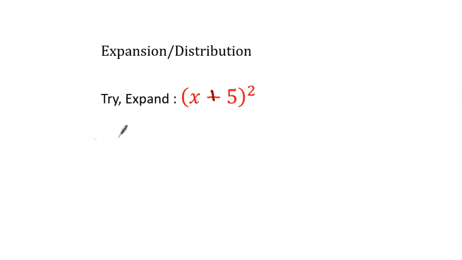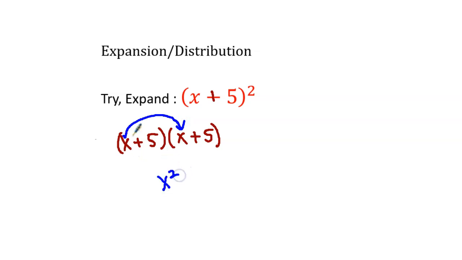If you can, that means you're going to repeat this 2 times. And as you repeat this, you take this one, this is going to multiply this. So x times x is going to be x squared, and it's going to multiply this again. That will give you 5x. That means we will apply what we call FOIL. You're done with this one.